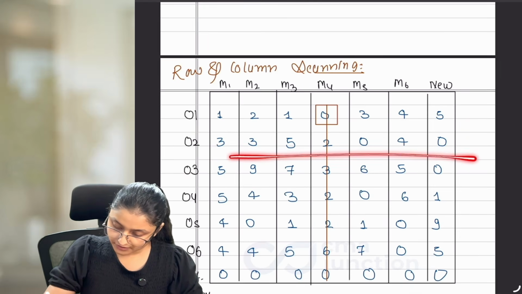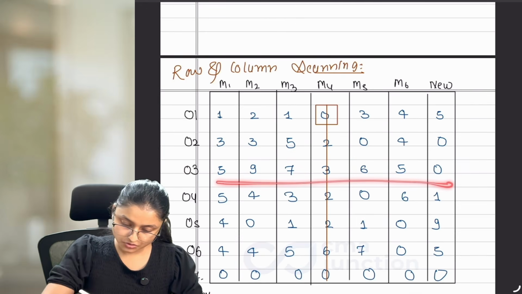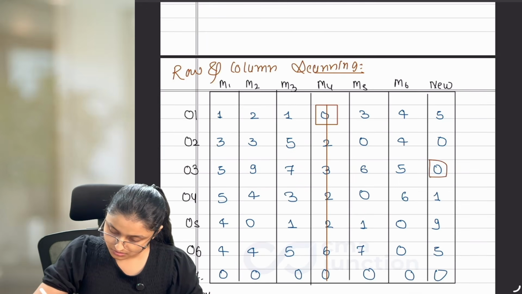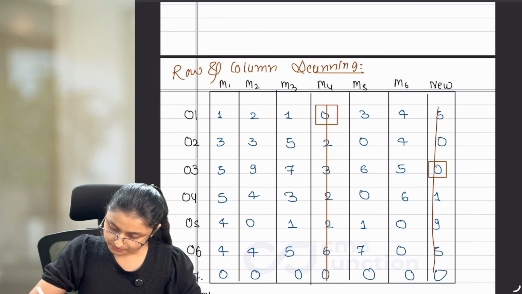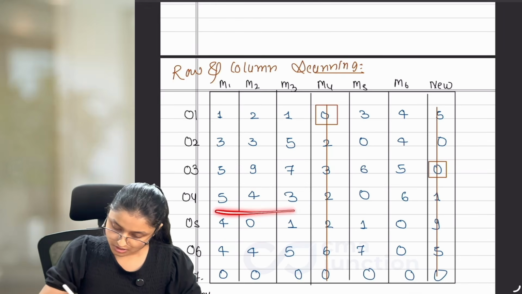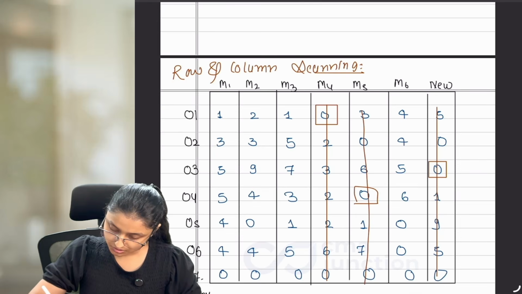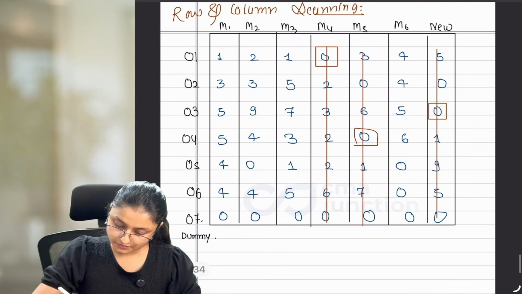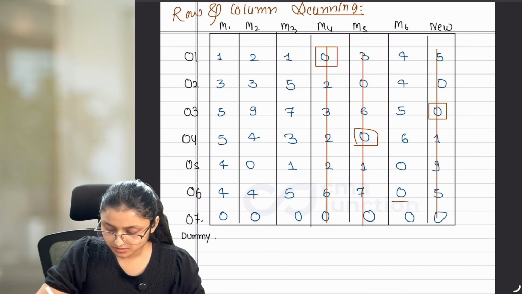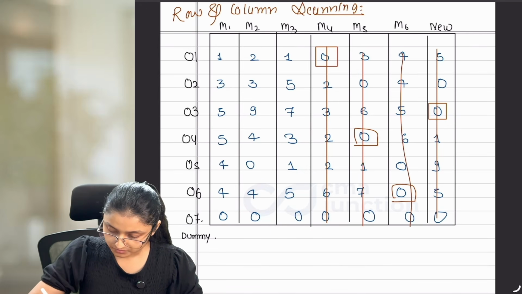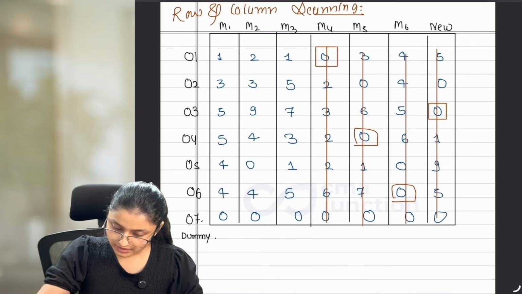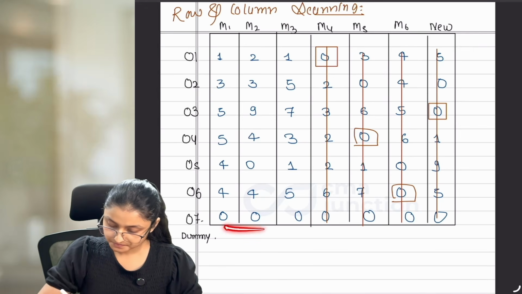In the second row we have 2 zeros, skip, 1 zero, mark, cut the column. Next, here we have 1 zero, mark, cut the column. Next we have 2 zeros, leave it, we have 1 zero, mark and cut the column. After that, in the last row we have a lot of zeros, hence row scanning can't be done.